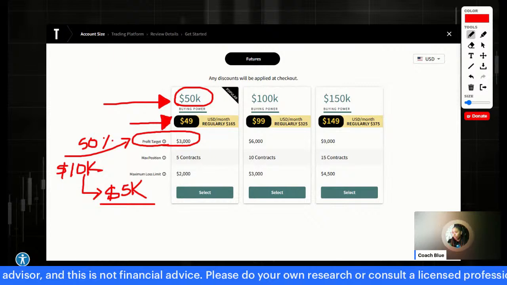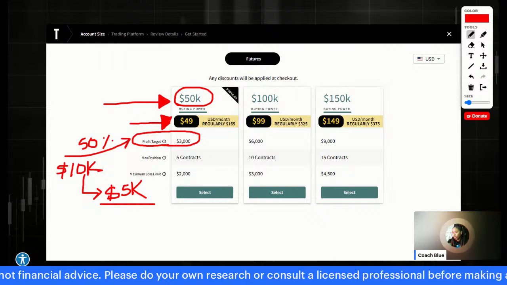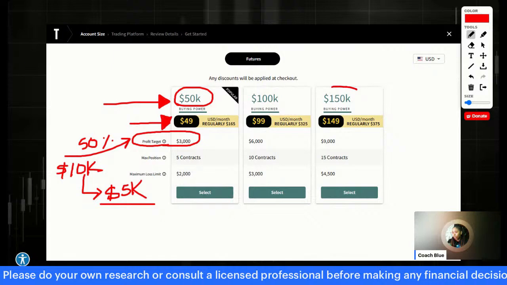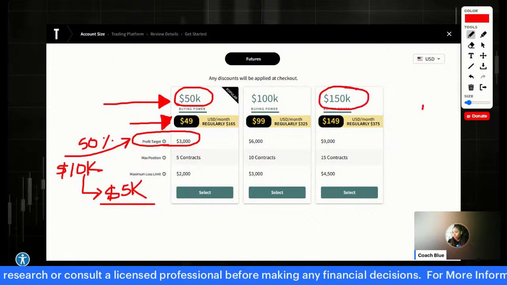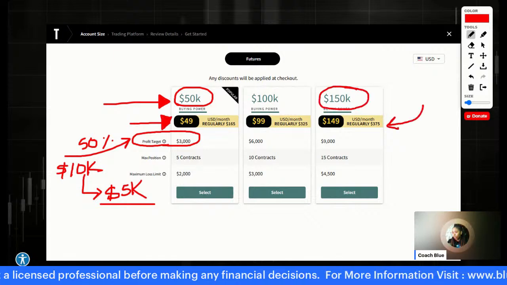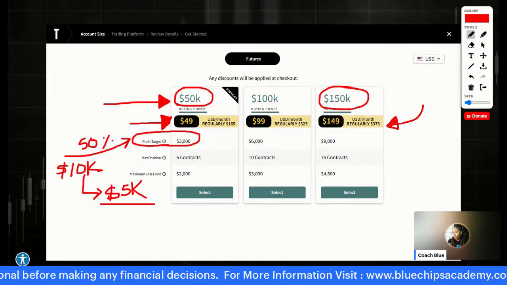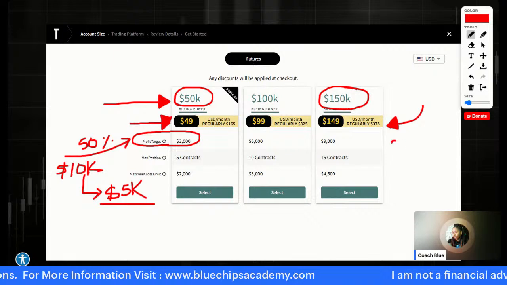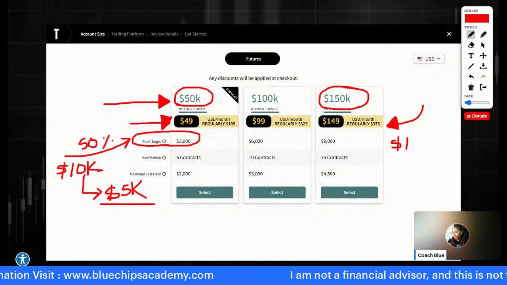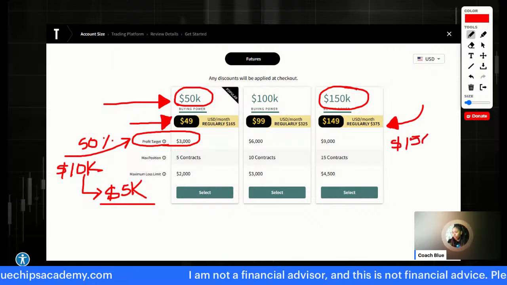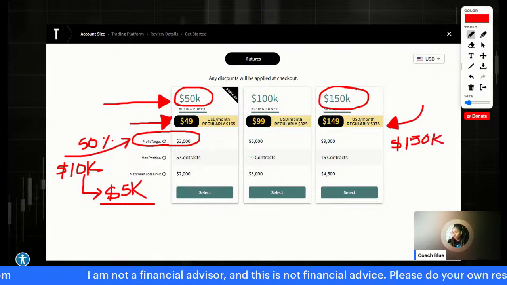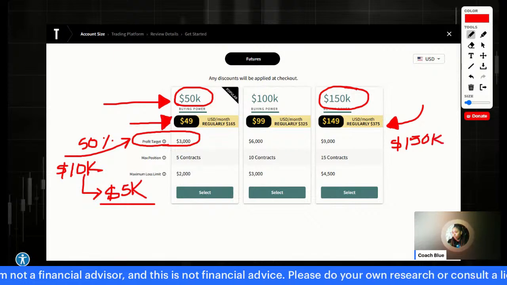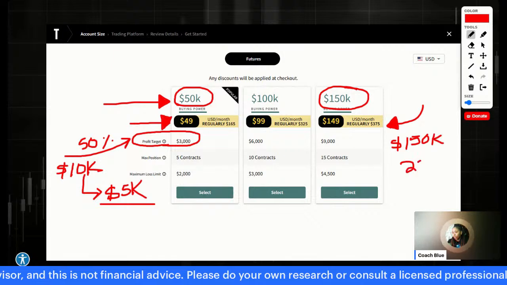So now you pass your $50,000, you locked in, right? So now let's say you want to go up to the $150,000 account. So you're taking the same trades. You get your $150,000 account. And so now you make that same 15%, you're at $22,000 for the month.